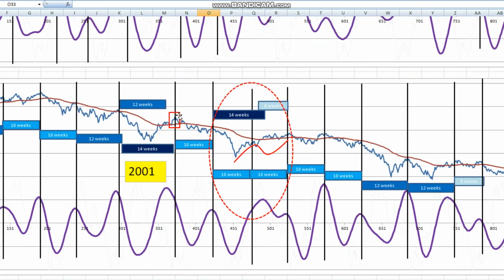But if we get to 2001, it's a little bit more messy, because here you see in early 2001, we had a length of 14 weeks, just a little bit over 14 weeks, in fact. But that was a bull trap, and the market did turn bearish. And after the terrorist attack in 2001, it was really messy.